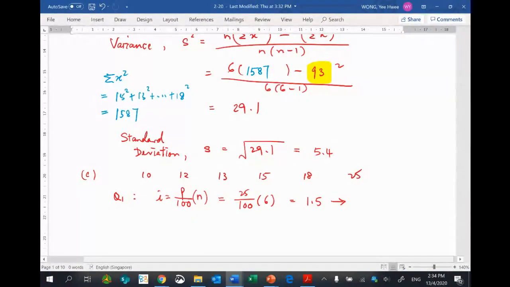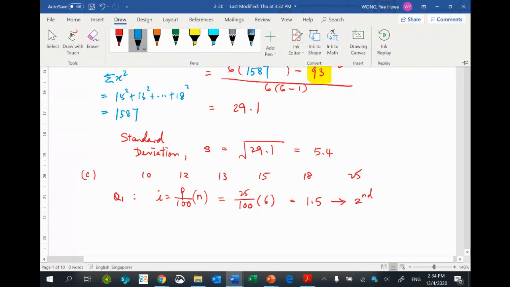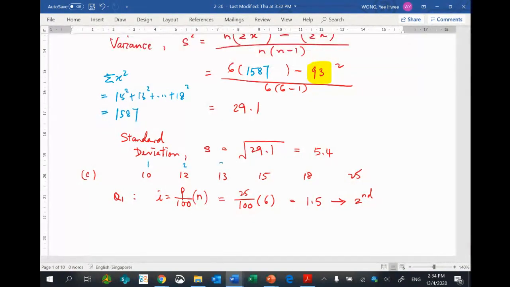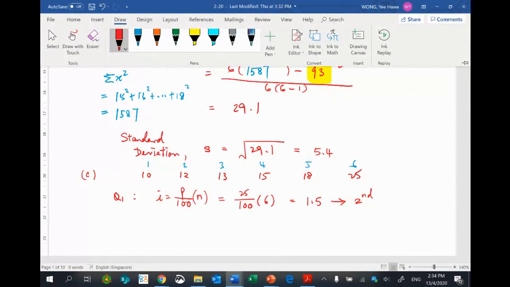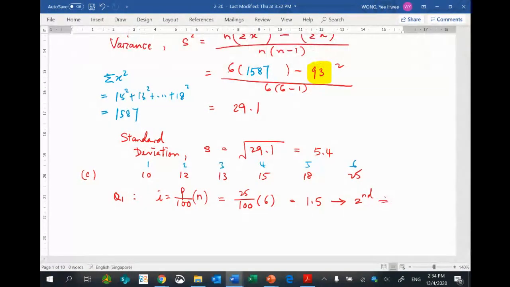What are you going to do? You're going to round up to the second data value. Q1 will be just 12.